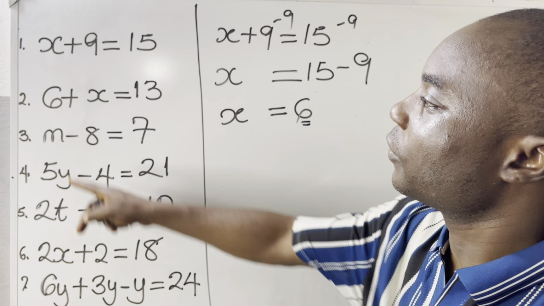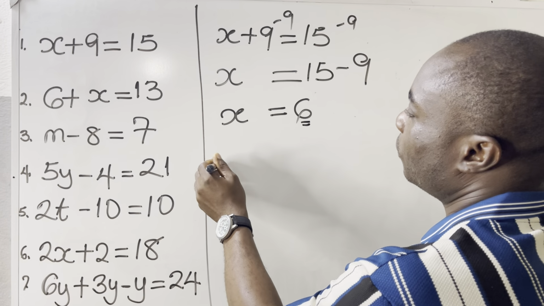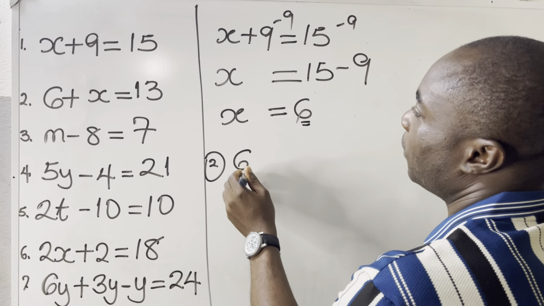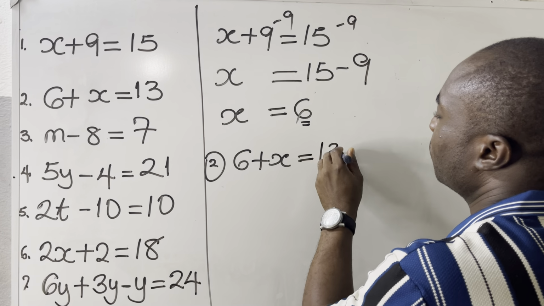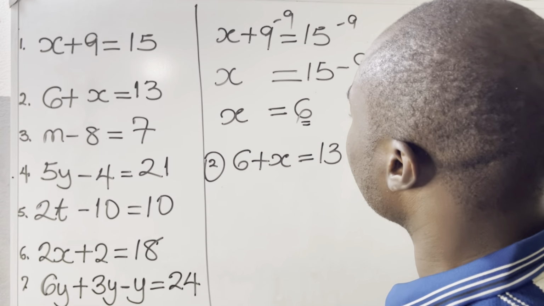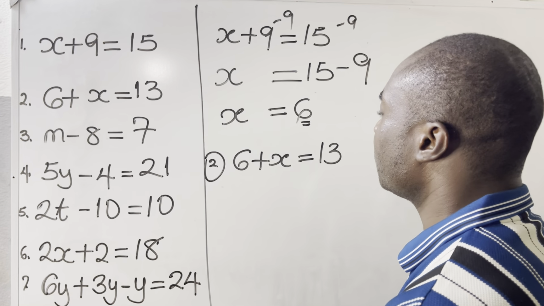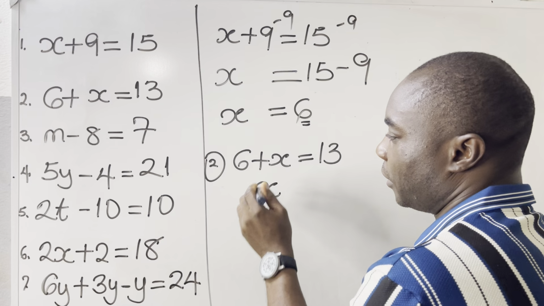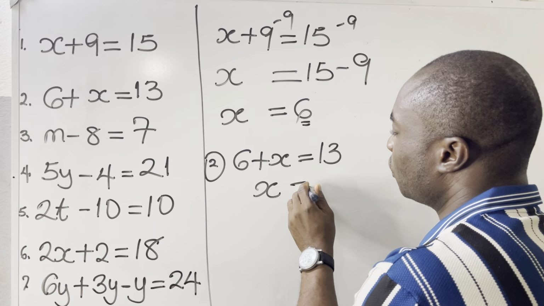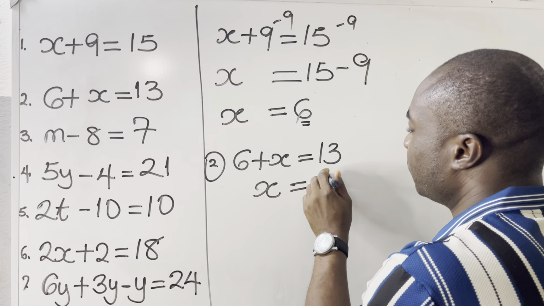All right. So the second question, we have 6 plus x is equal to 13. Similarly, our x is positive, so we can bring it down here, and that's equal to, so we'll bring down our 13.